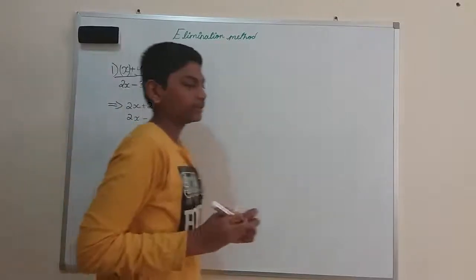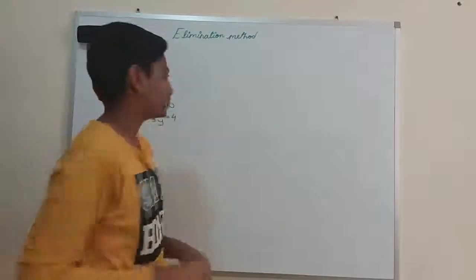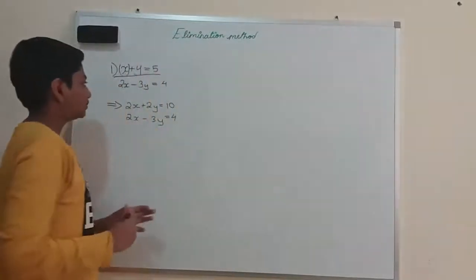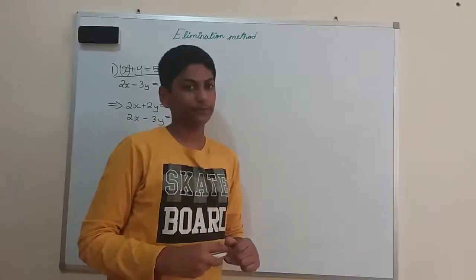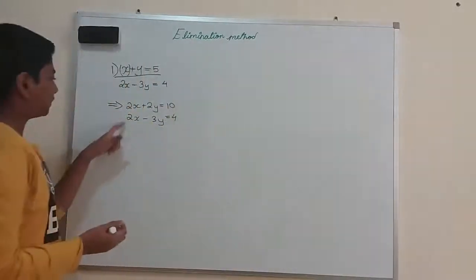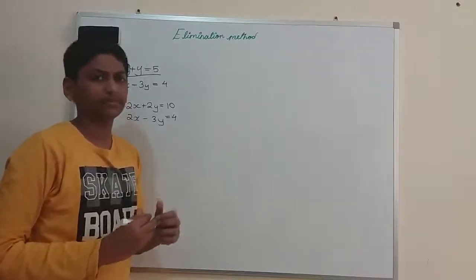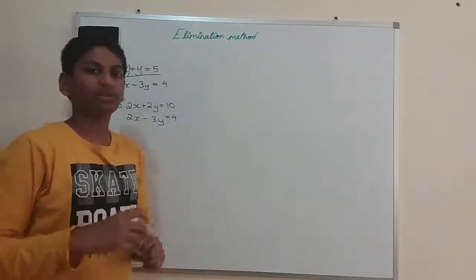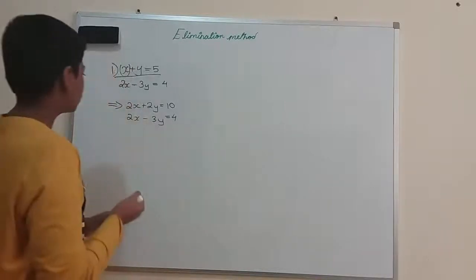The second thing we need to do is make them opposite in sign. Both symbols should be different. Let's check: they are both positive, so we cannot cancel them. So one of them we should make negative. I'll go with the bottom one.